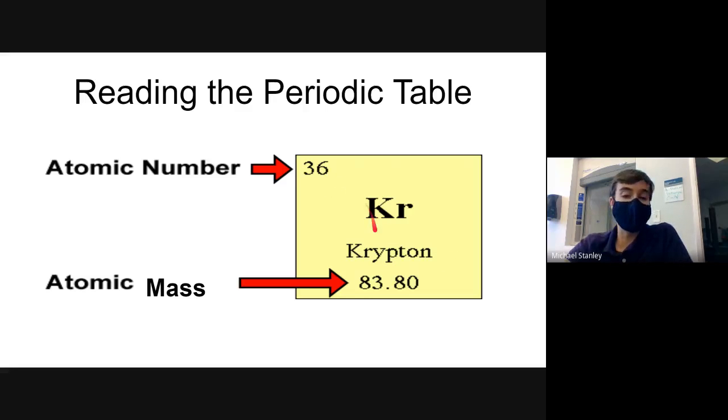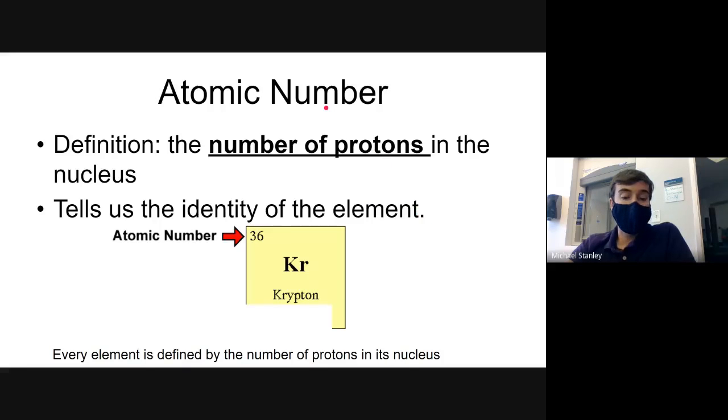Each of these numbers can tell us something about the makeup of our atom. So that atomic number up at the top tells us how many protons are in our atom, how many protons are in the nucleus.